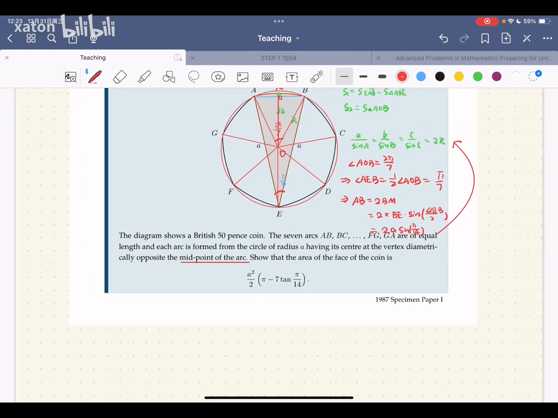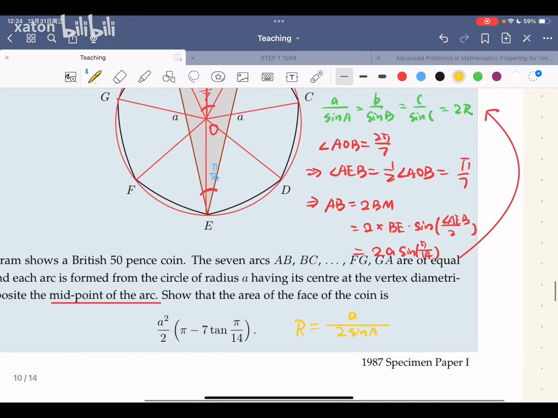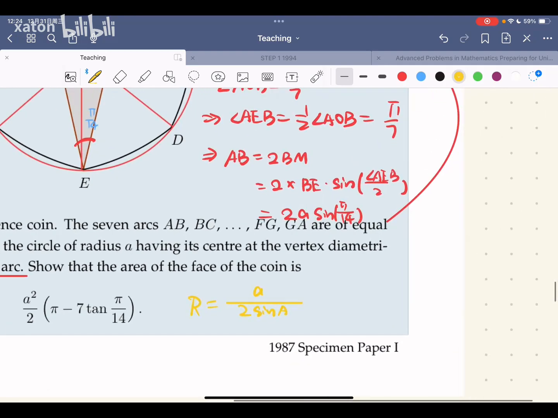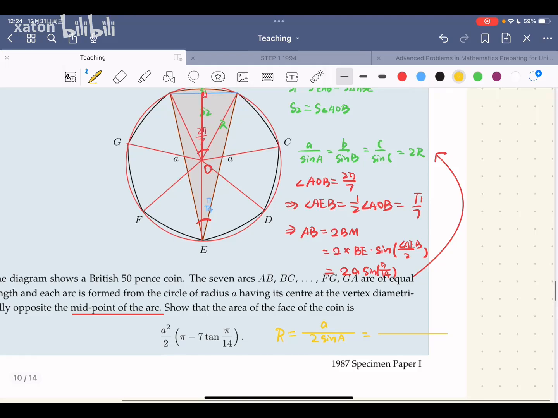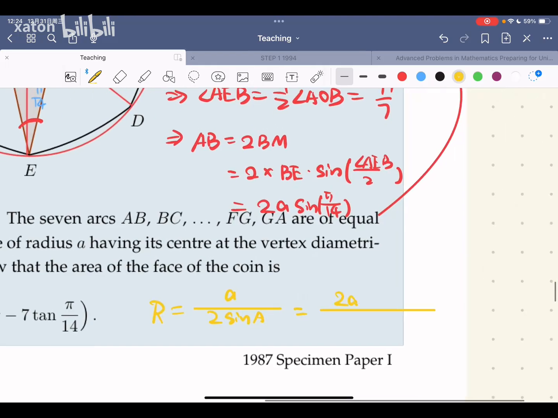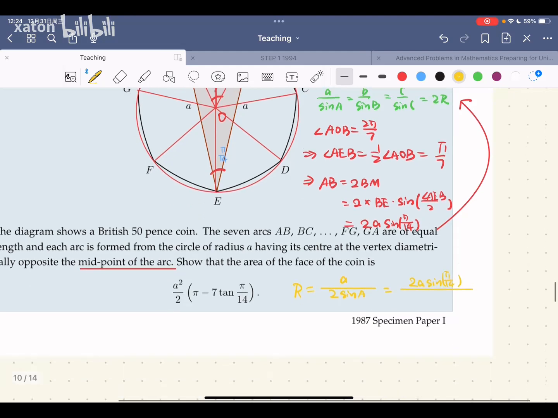So R equals AB over 2 sine of the angle. AB is 2b sine pi over 14, and 2 sine of the angle is 2 times sine pi over 7.